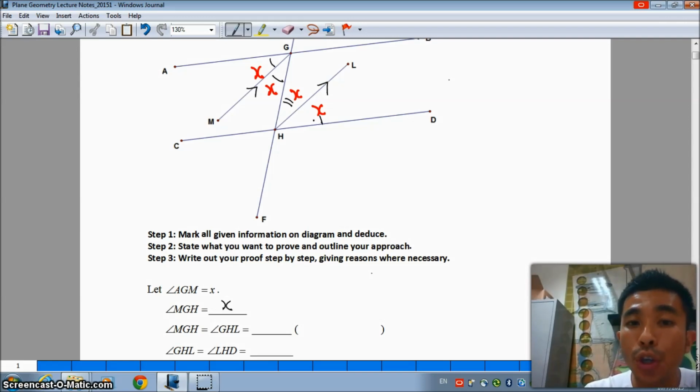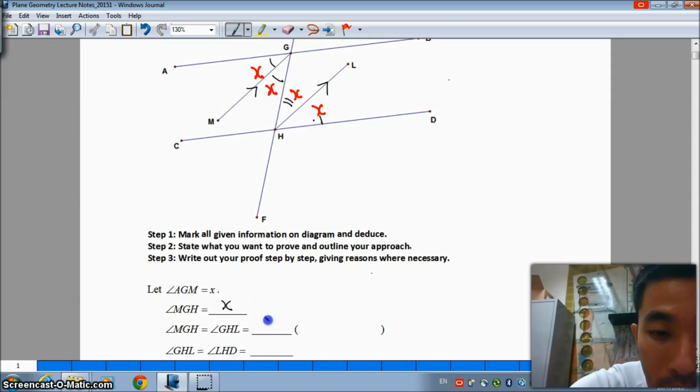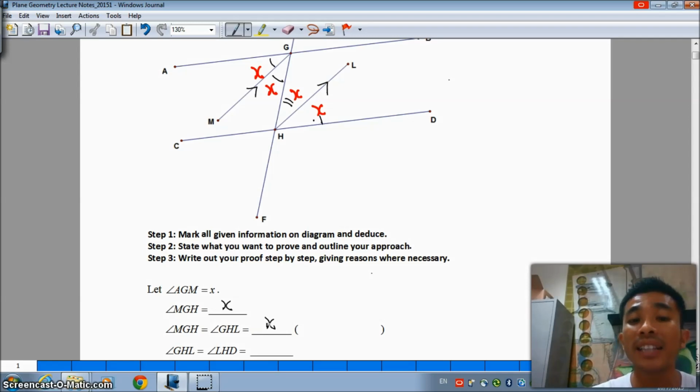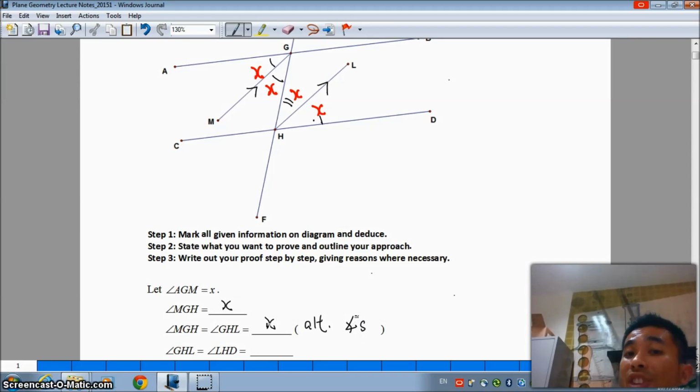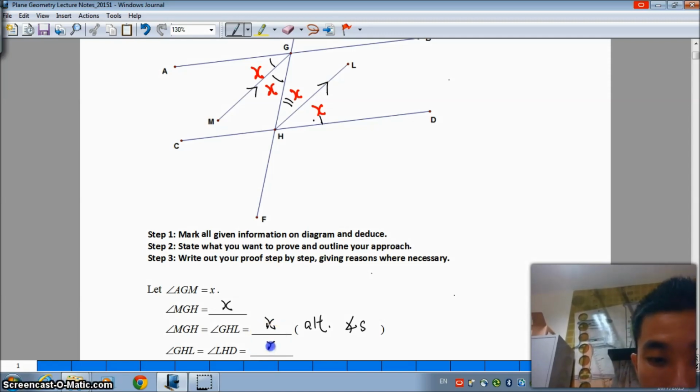Now, MGH is equal to GHL, as I have said previously, because of the pair of parallel lines, and the reason why these two angles are the same is because they are alternate angles. And in this case, because HL is the angle bisector, it means that GHL as well as LHD must also be equal, which is equal to X as well.